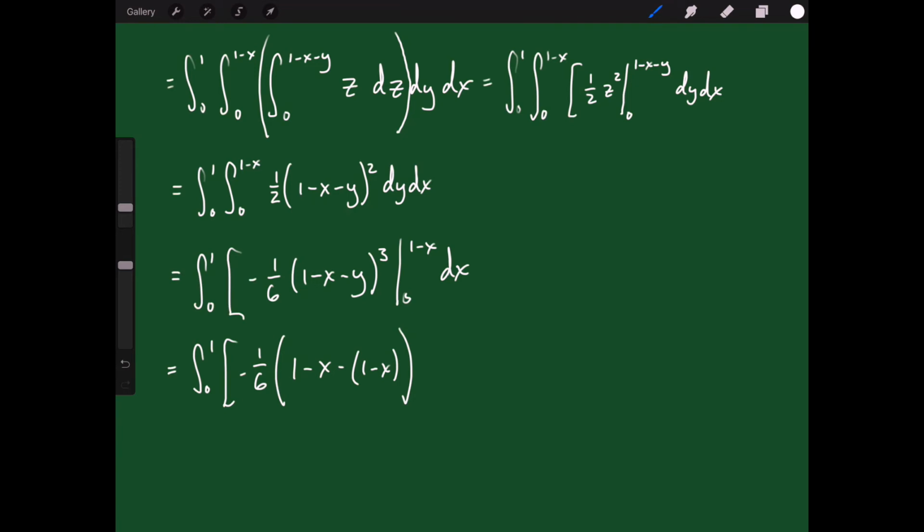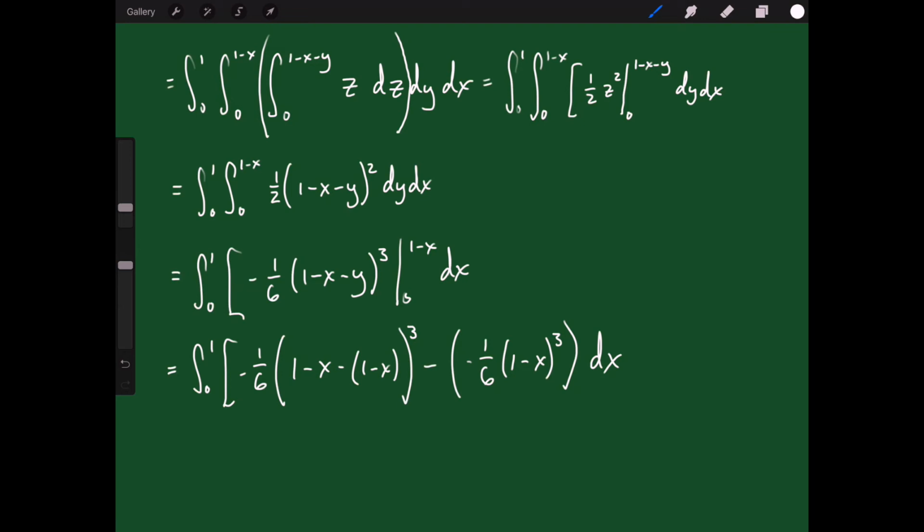So if I plug in 0, I get minus 1/6 times 1 minus x minus 0, which is just 1 minus x. Okay, and this needed a cubed, and this needs a cubed dx.